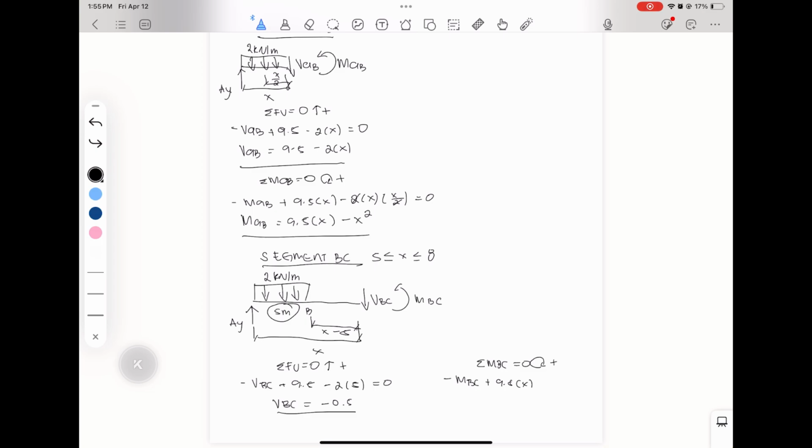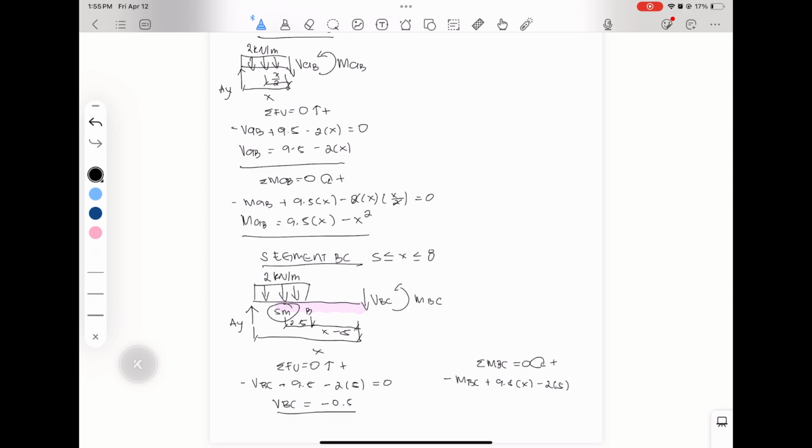So next is the 2, so minus 2, but we know the distance at the bottom, so it's 5 meters. And then the distance from here to here is, so x minus 5 is up to here, and here is 2.5.